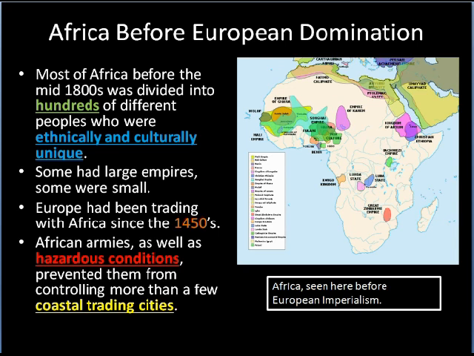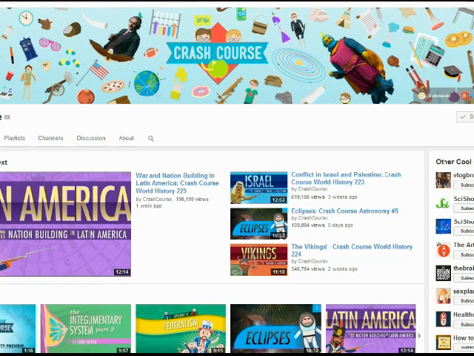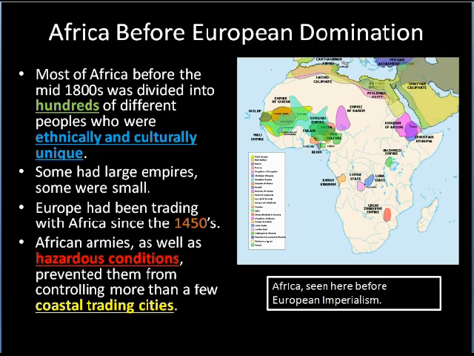Some of these people had large empires, some of them have small countries, some of them were just small, at the village level. You have varying degrees of statehood occurring in Africa, but most of them are not really very solidified. You don't have countries in the way that we look at them today.